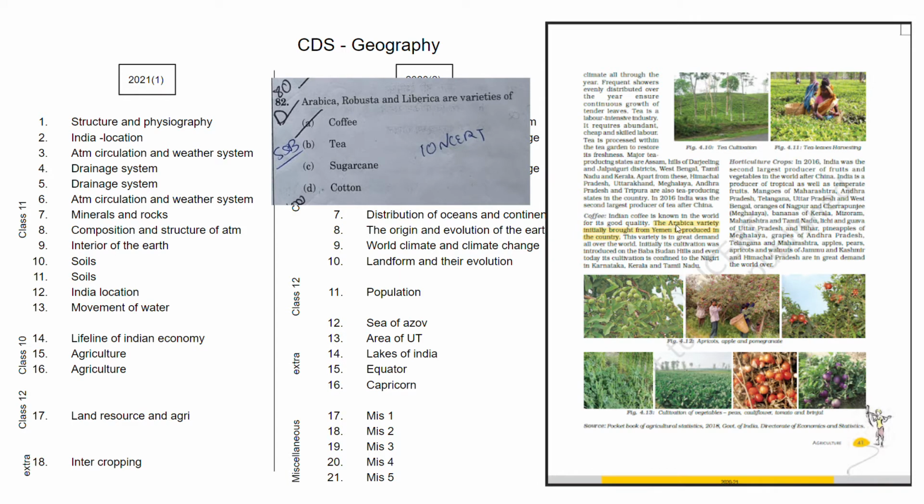The Arabica variety, initially brought from Yemen, is produced in the country. So it is mentioned that Arabica is a variety of coffee. The question was asking Arabica, Robusta, and Liberica are varieties of which of the following? So coffee was the answer. Direct from NCERT.